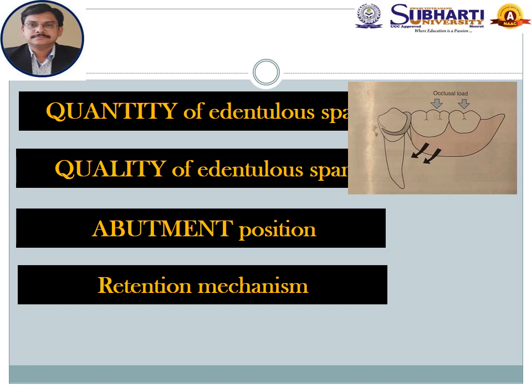So we can say that class 2 partial edentulism is safer than class 1, and class 3 mod 1 is considered to be the safest type of RPD design in terms of biomechanical principle.